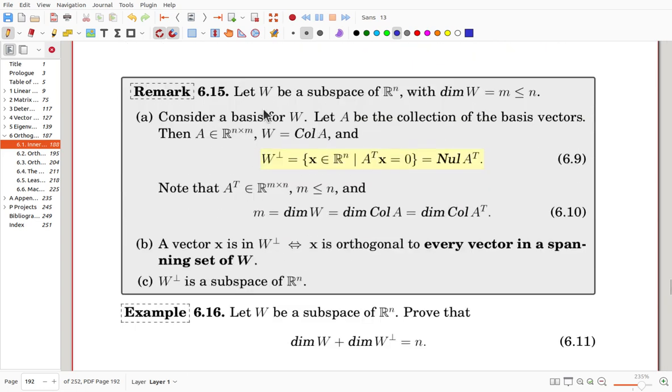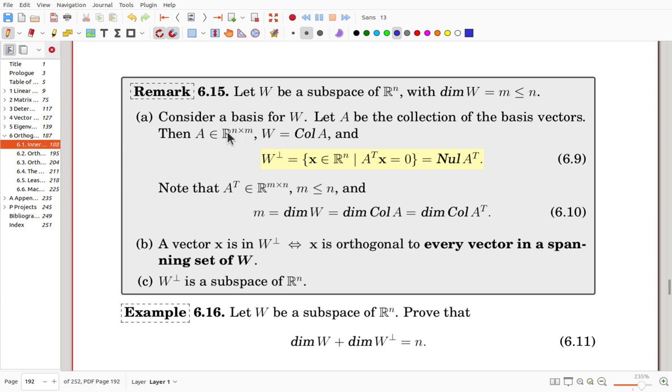Okay, here W is a subspace of Rn, and let's say the dimension of W is m, which is less than or equal to n. Now consider a basis for W, and A is the collection of basis vectors, and then A must be in R n by m.